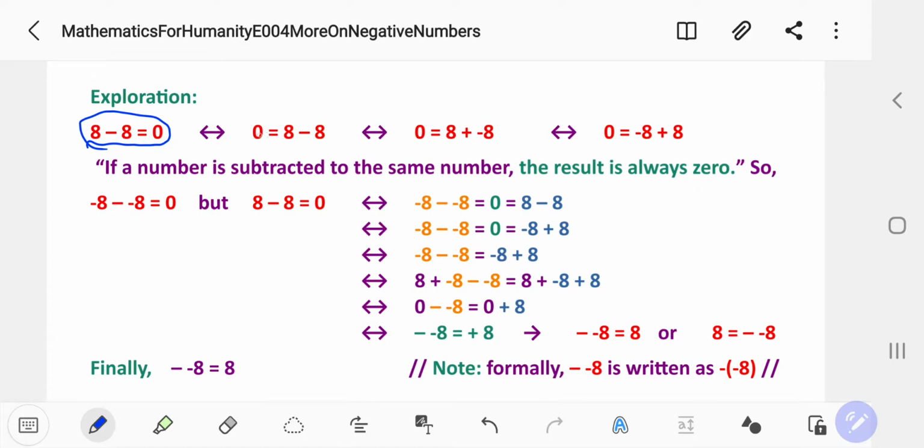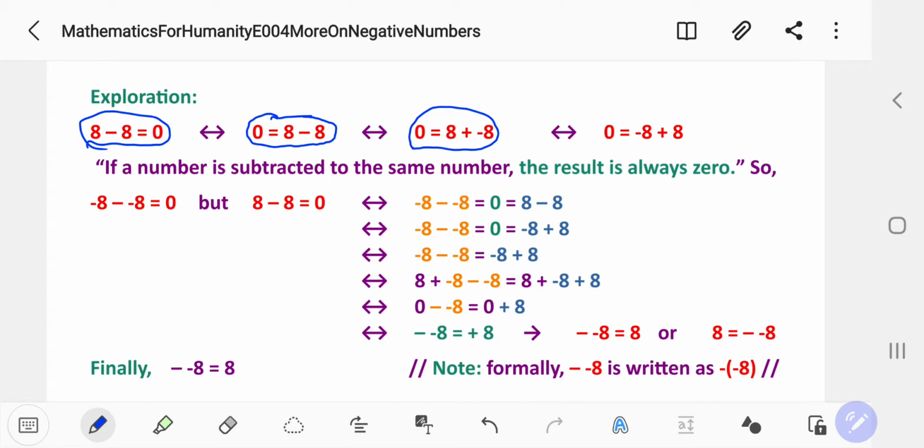You can write this as, you can flip vertically. You have 0, flip on the vertical axis. You can write 0 equals 8 minus 8, or this one is equivalent to that. 0 is equal to 8 plus negative 8.